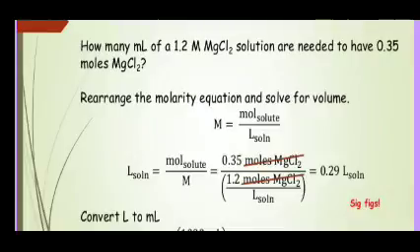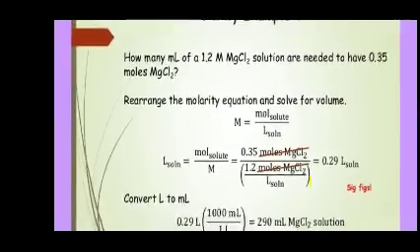Therefore, volume of solution in liters is equal to number of moles of solute divided by molarity. Number of moles of magnesium chloride 0.35 divided by molarity 1.2 moles per liter. Therefore, 0.35 divided by 1.2 is equal to 0.29 liters.